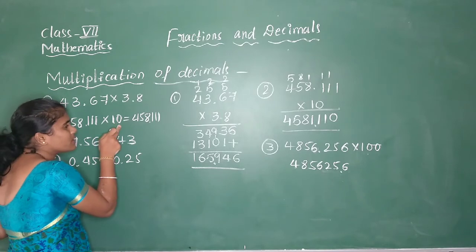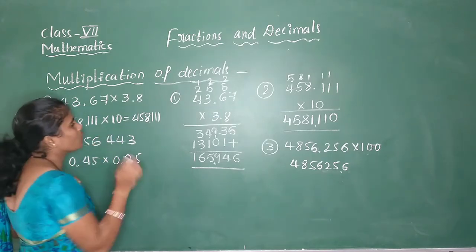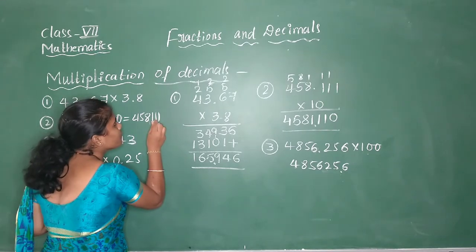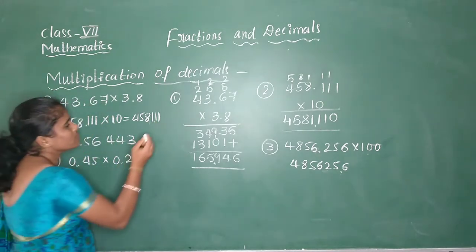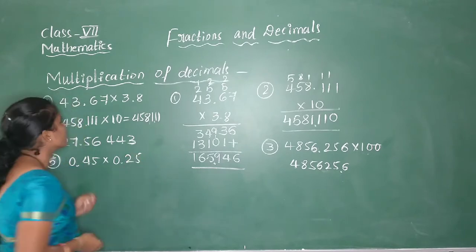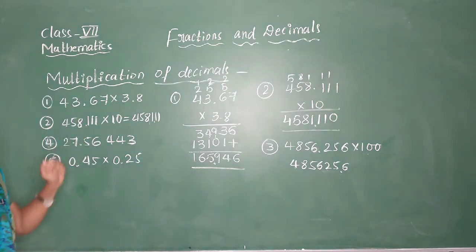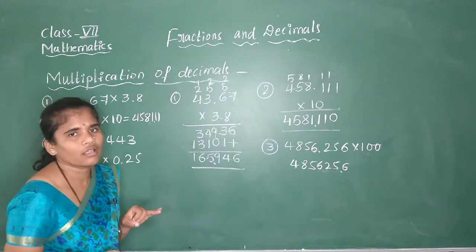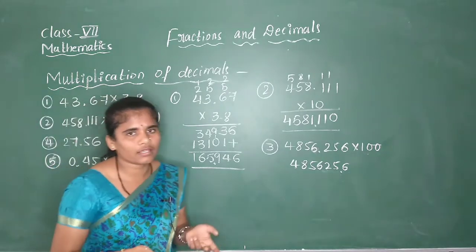Here the 10 has only one zero, so put a point after one digit. Very easy, no? This is a very easy calculation, very easy multiplication with 10, 100, 1000, 10,000, lakh, like that.